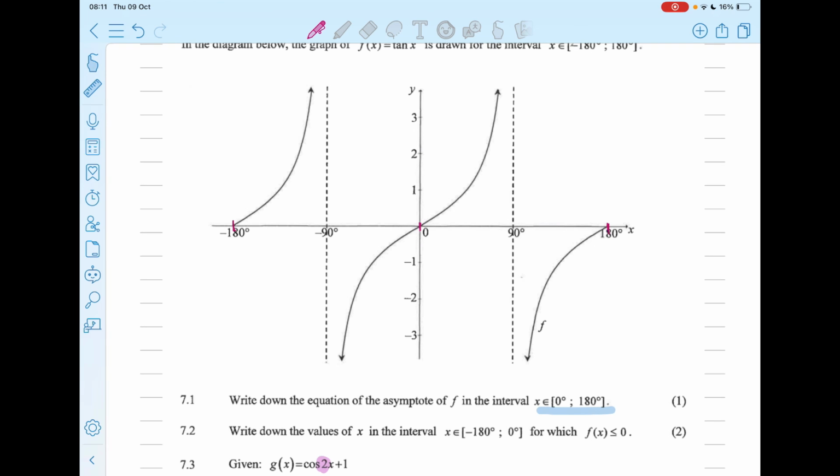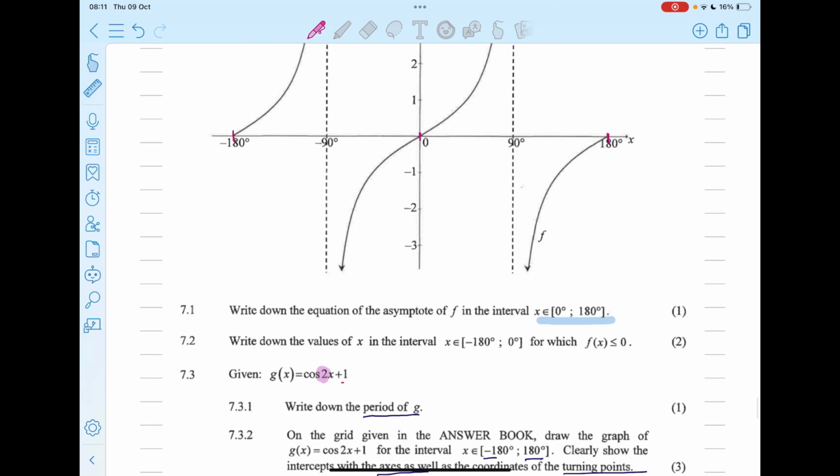And then it has also been shifted 1 unit upwards. So we know the normal cos graph has the maximum at 1 and the minimum at negative 1.